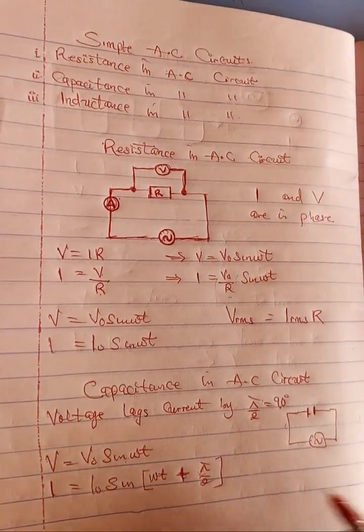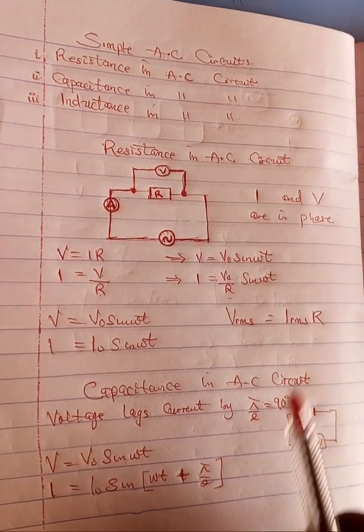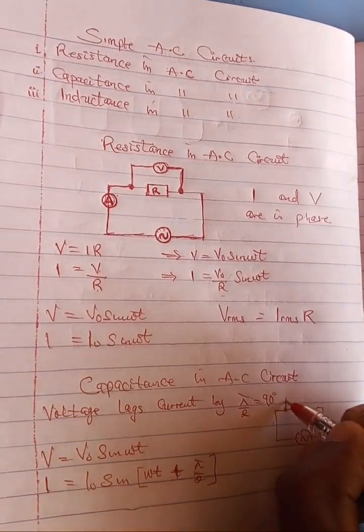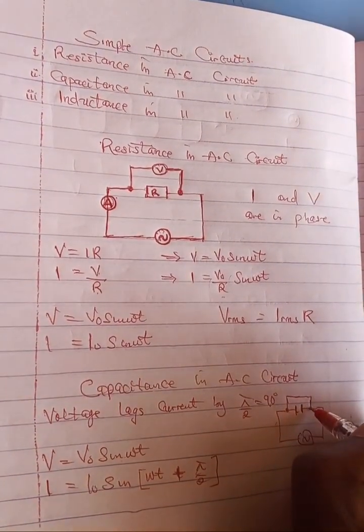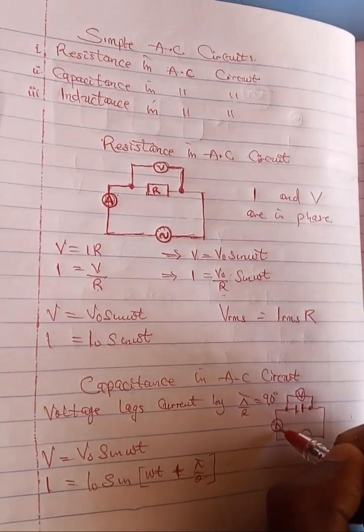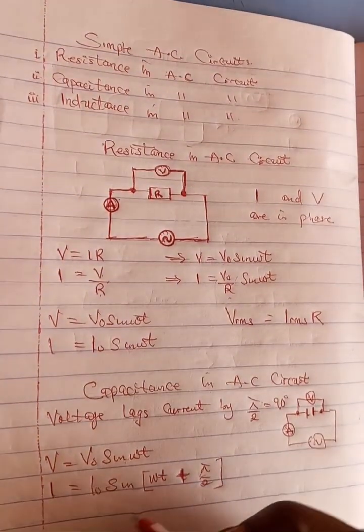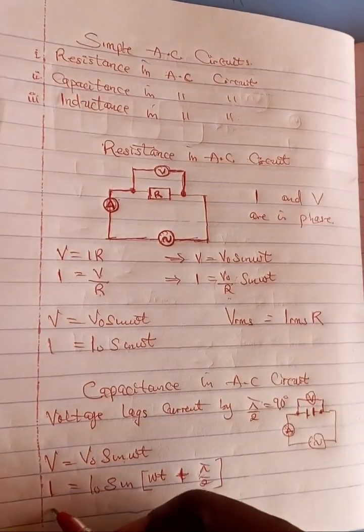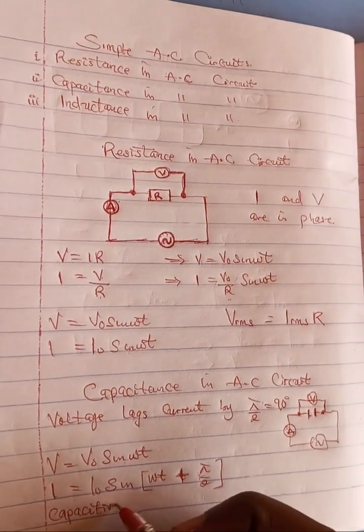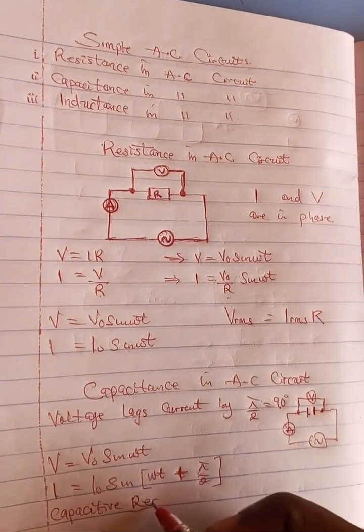As such, we can see that the resistance offered by the capacitor in an AC circuit is not the same as the resistance offered by a resistor. The resistance offered by the capacitor is known as the capacitive reactance.